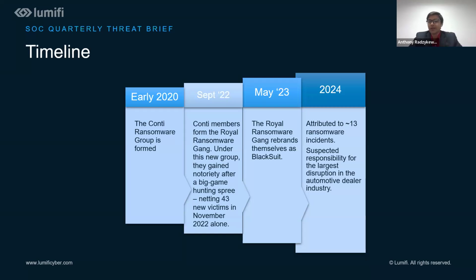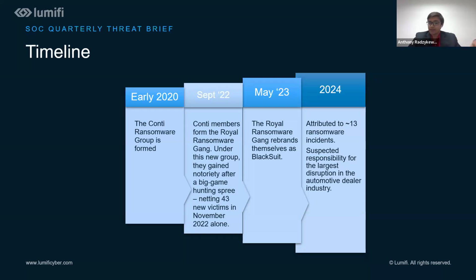If you remember back in early 2020, there was a big group out there called Conti. The Conti ransomware group, I could probably talk a lot longer about them, but they were pretty prolific. They were doing a lot of stuff. They were extremely busy and extremely effective.